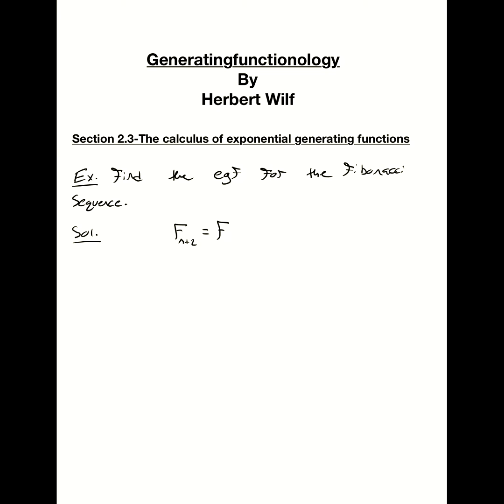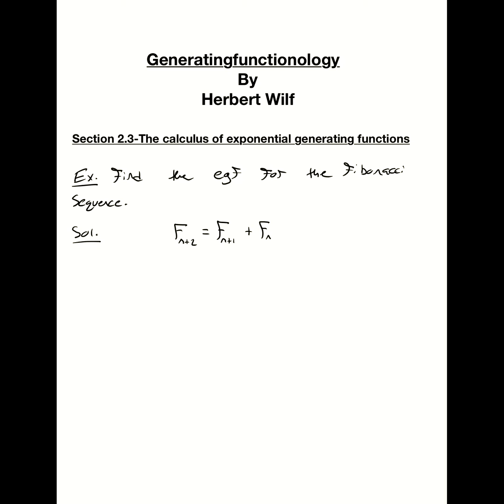F sub n plus 2 is equal to F sub n plus 1 plus F sub n. And according to this rule, we can immediately come up with a generating function, but it's not exactly what we want.